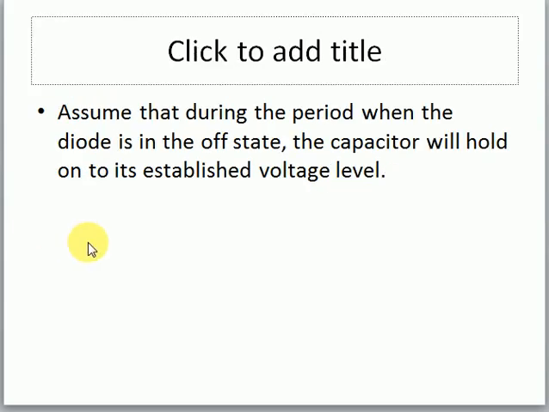And the last thing is this: assume that during the period when the diode is in the off state, the capacitor will hold on to its established voltage level. One thing is that it will hold the charge voltage that it contains. And the second thing is that the polarity of that charged capacitor will not change.